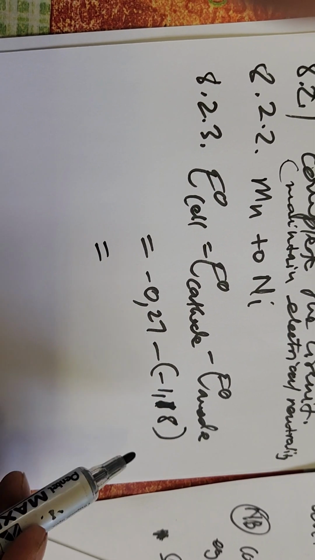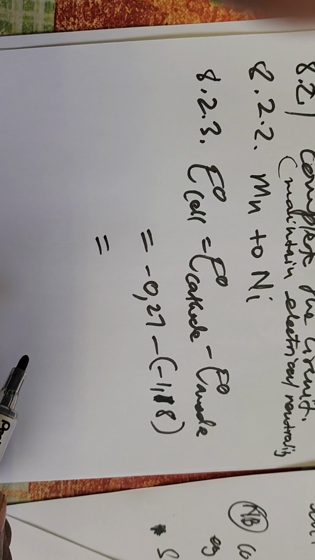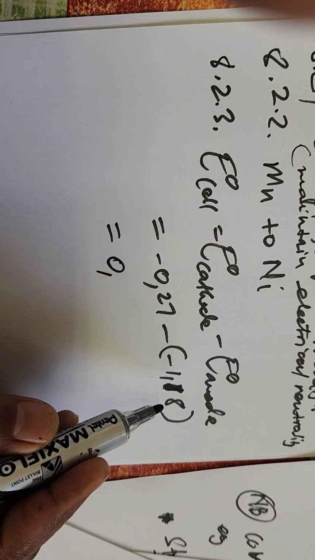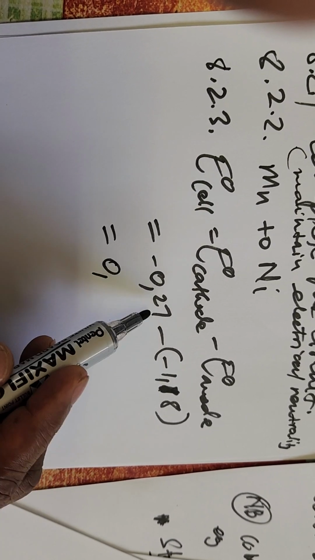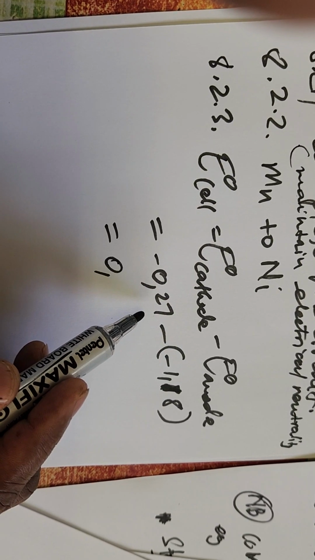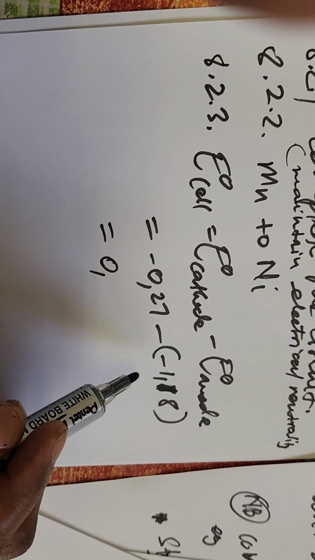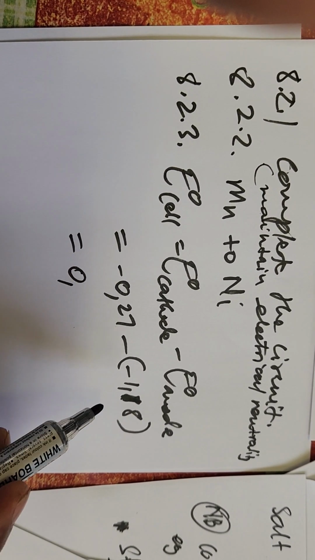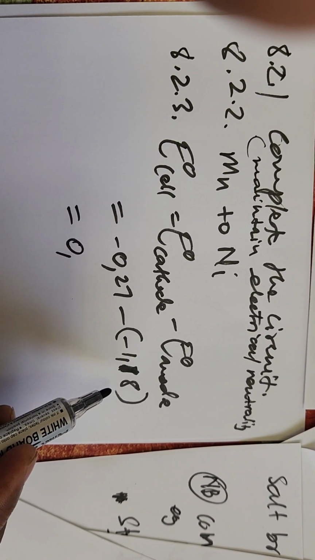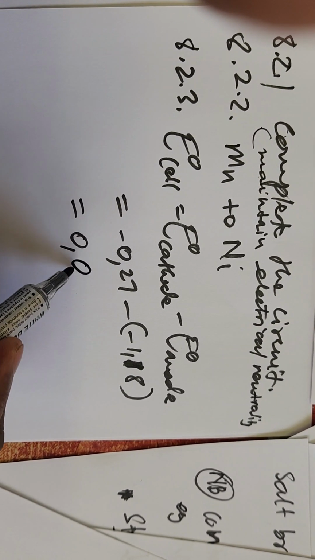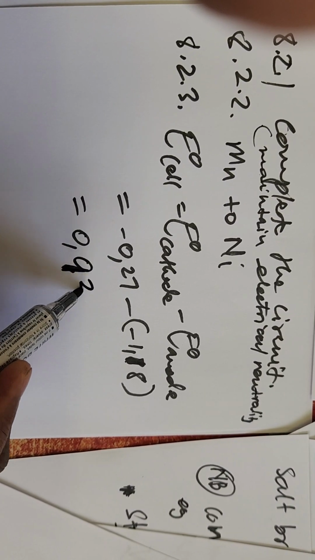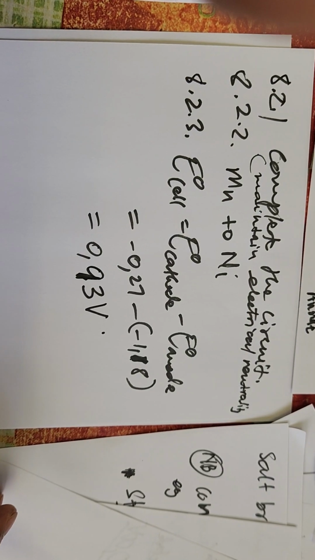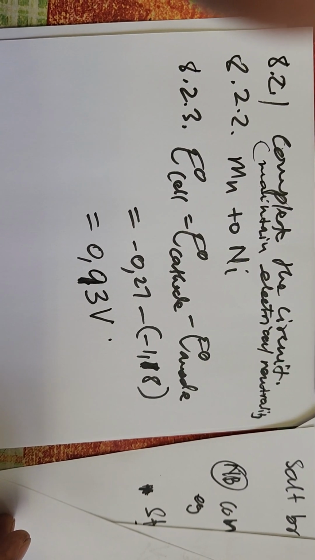Now we use a calculator, and it will be 0.93 volts. That is the EMF of the cell.